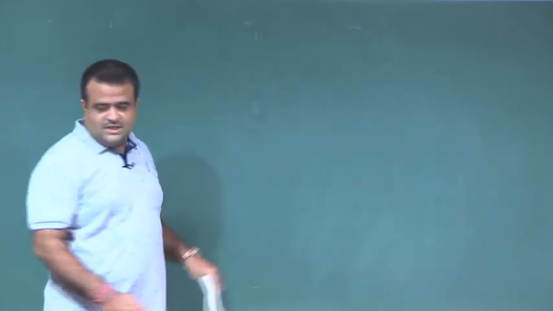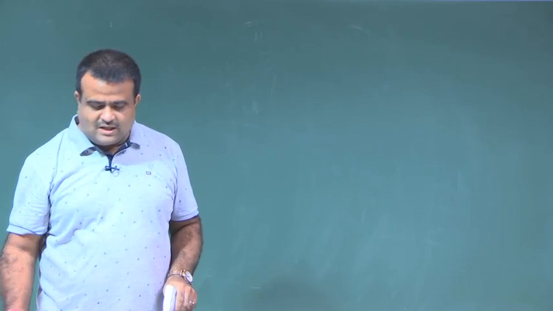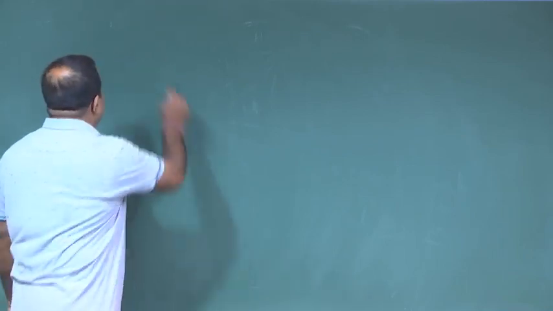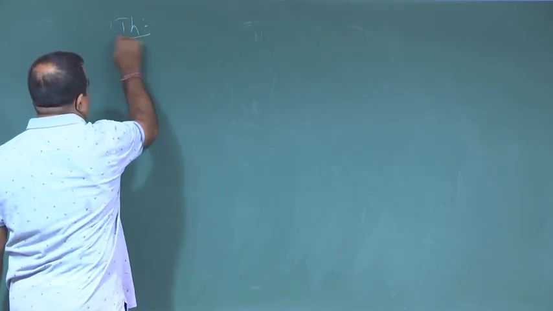So, we want to see some relationship between left coset and right coset. We have a theorem on this.